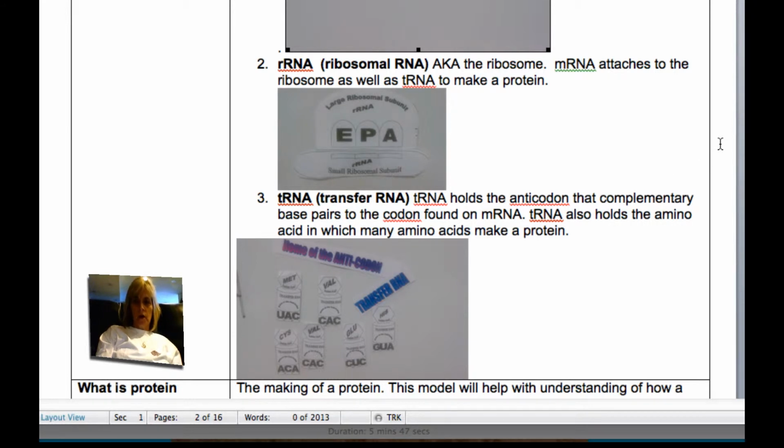The codon that codes for methionine, or MET, is AUG, found on messenger RNA, and that just so happens to be the start codon. Transfer RNA holds the anticodon, which base pairs with the codon found on messenger RNA, and it also holds our amino acid.